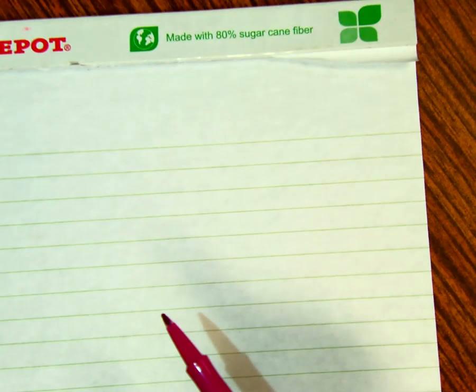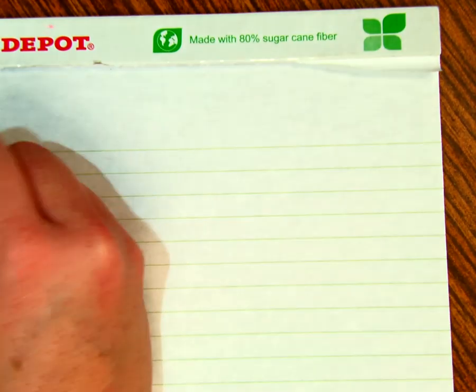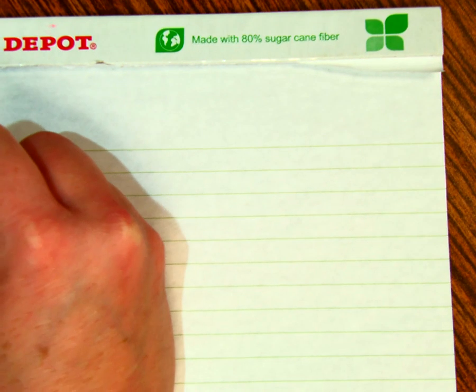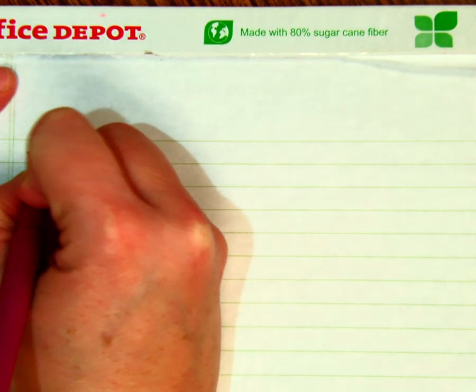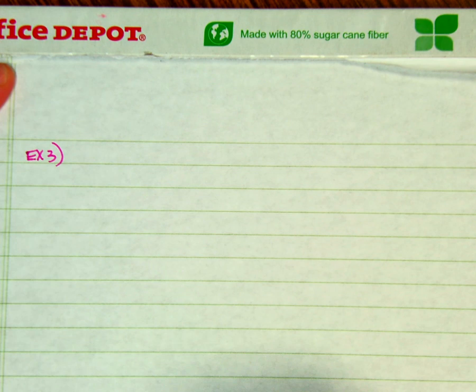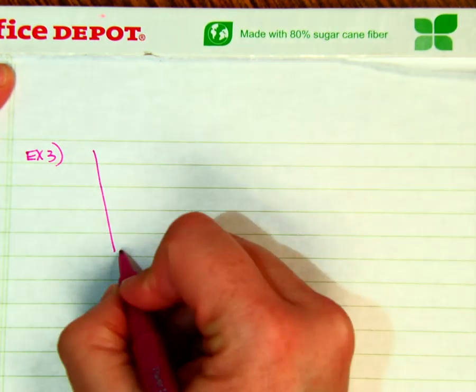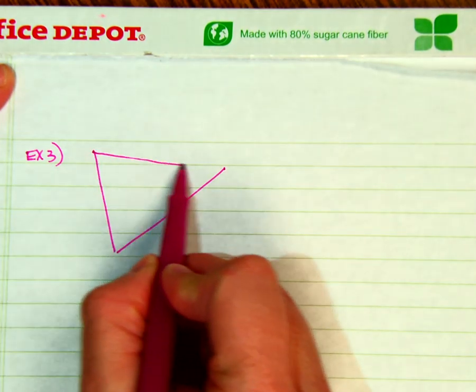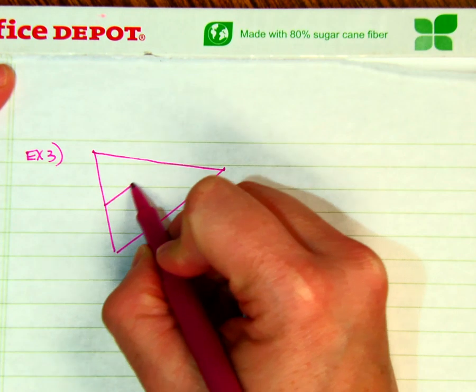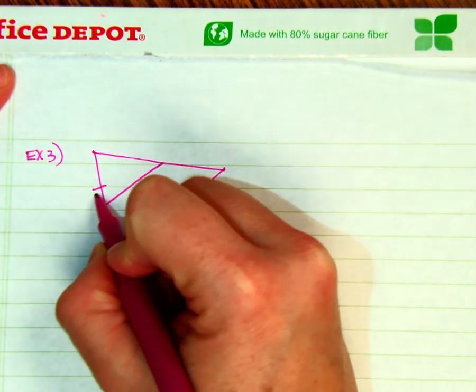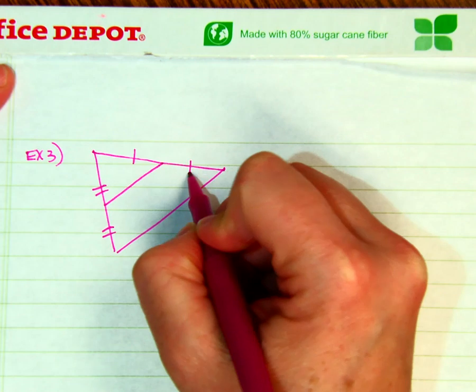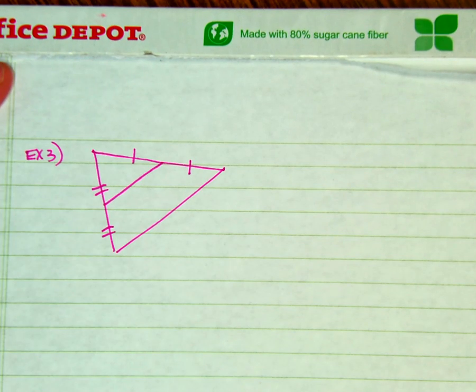Do another one. This will be example 3. Okay, so we have a midsegment.